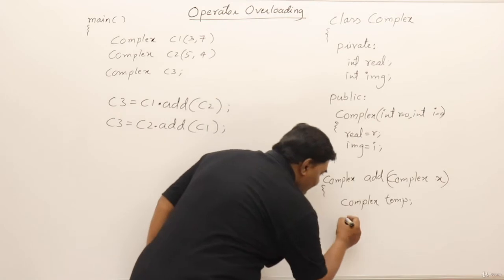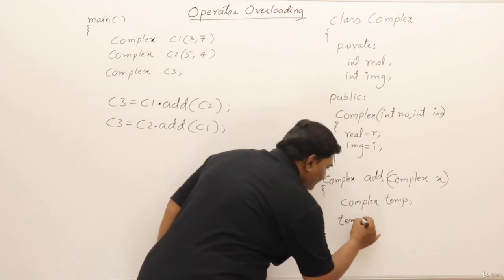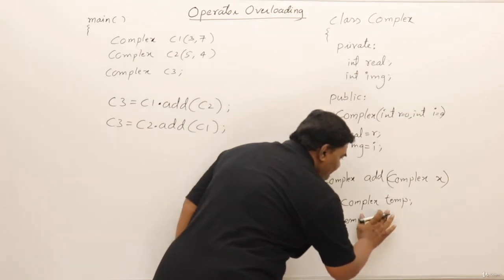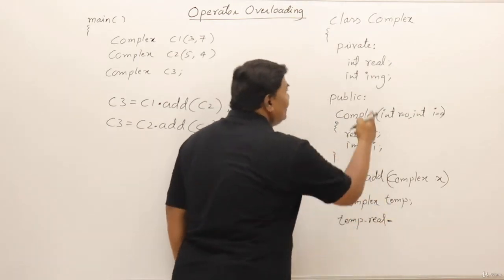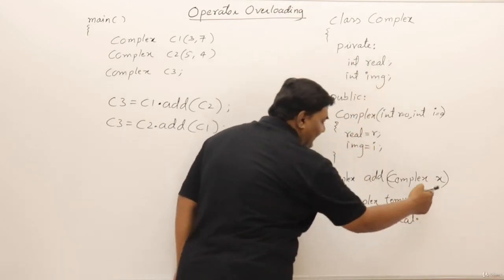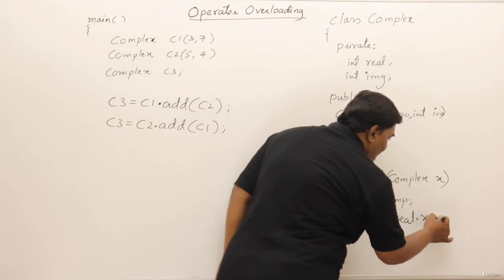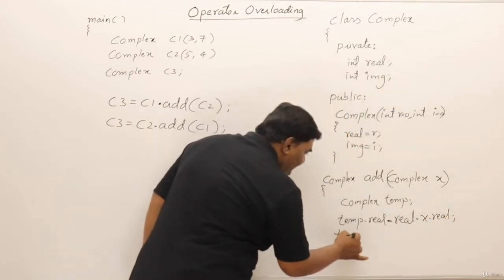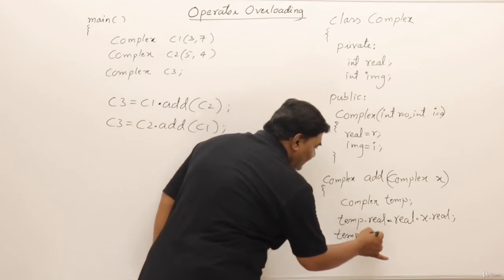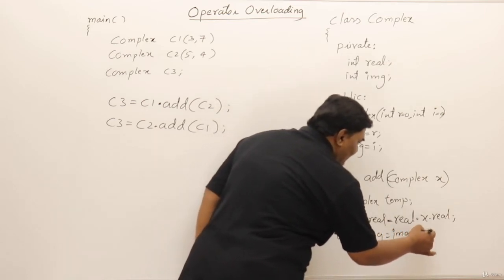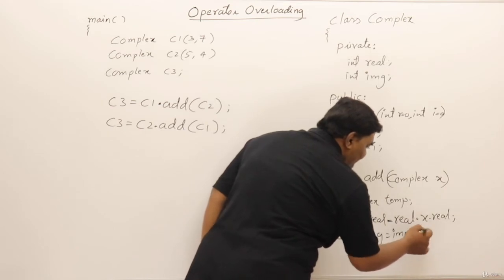First, temp dot real should be equal to its own real plus x dot real, and temp's imaginary, img, will be its own imaginary plus x dot imaginary.